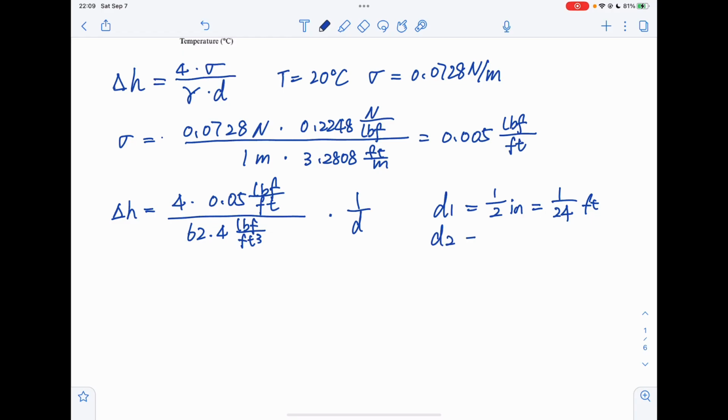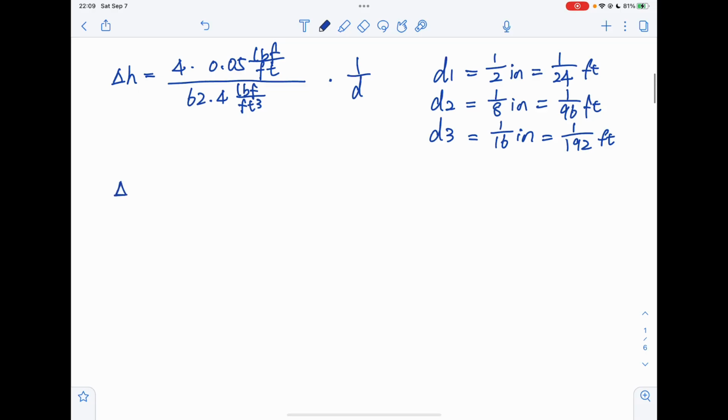D2 equals 1/8 inch, which equals 1/96 feet, and D3 is 1/16 inch, which gives us 1/192 feet.